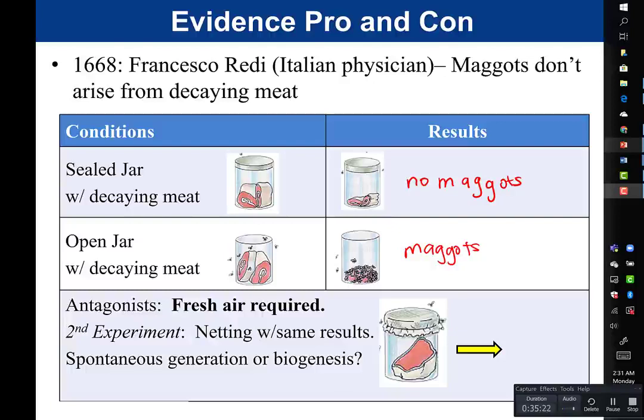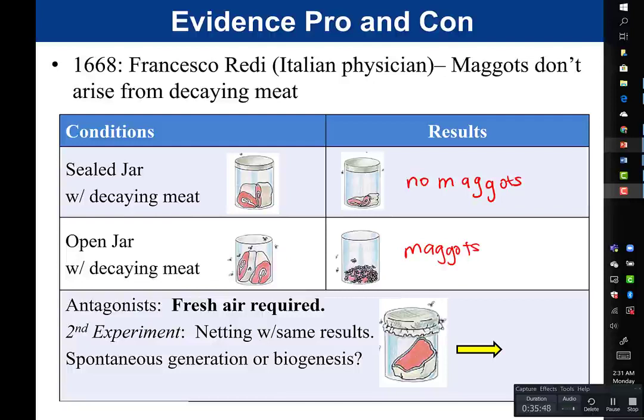Life comes from life. Now, antagonists of this experiment said, well, this experiment's not valid because fresh air is required. That vital force can't happen without air getting in. So they said that the one that was sealed didn't work. They didn't see life because air is required.